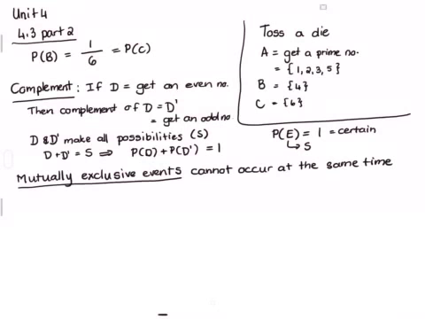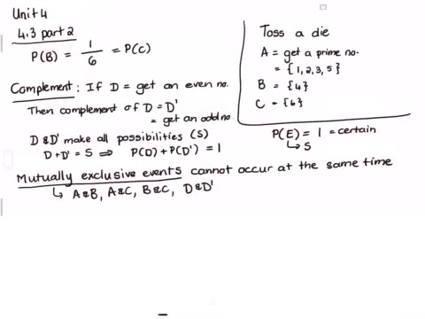But A and B are mutually exclusive, because you can't get a value from A and a value from B at the same time. A and C are mutually exclusive. B and C are mutually exclusive. D and its complement are mutually exclusive.